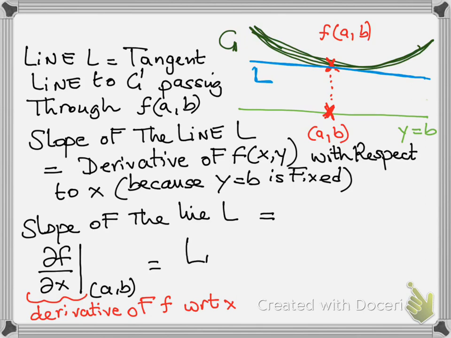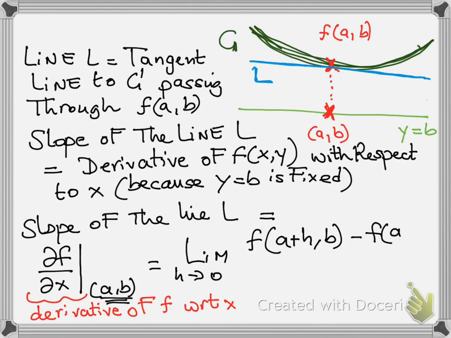By definition, that will be the limit as h goes to 0 of the slope of the tangent line, where x varies. This is the point AB, so it will be f of a plus h, b minus f of a, b over h. You see in this definition, the main thing is that the value of y is fixed, always equal to b.